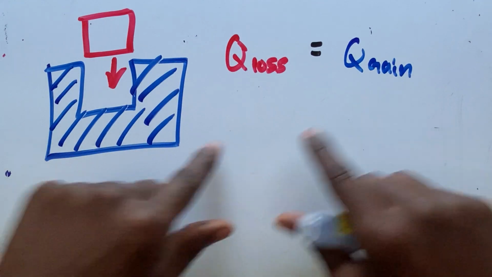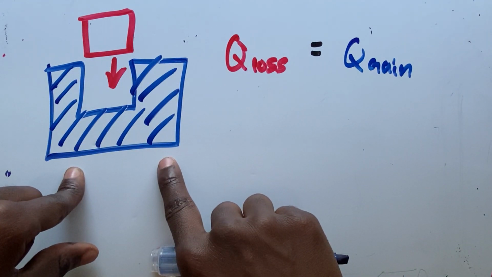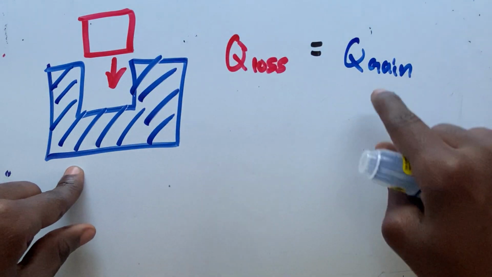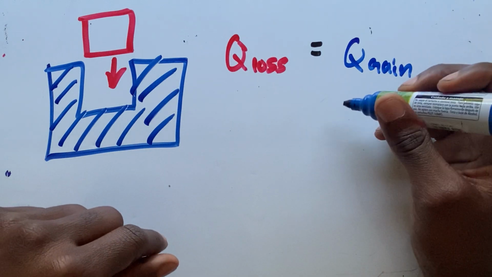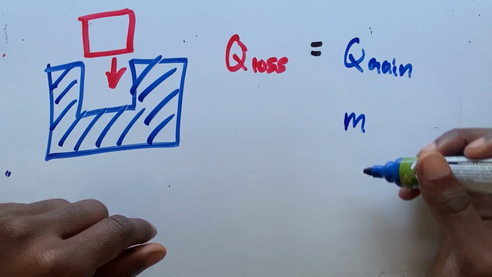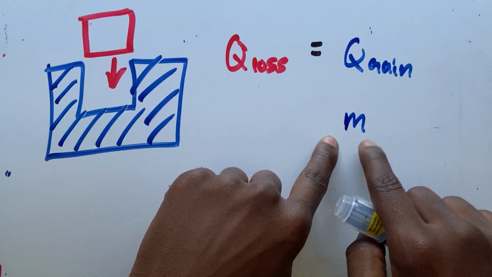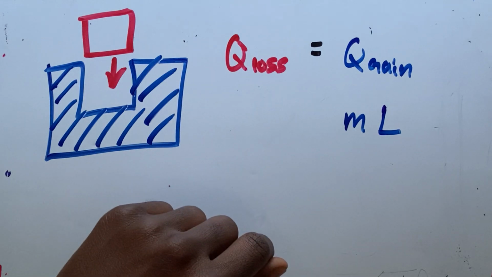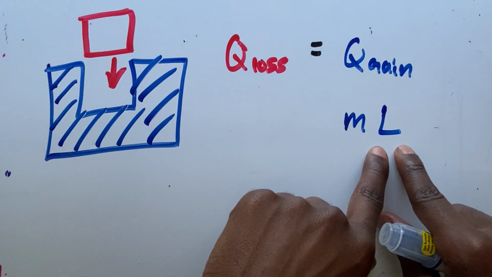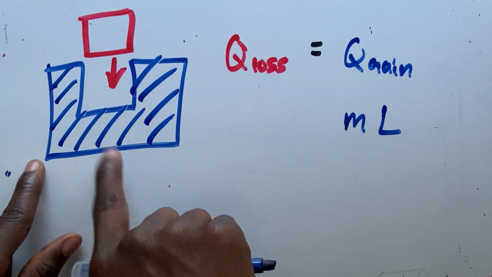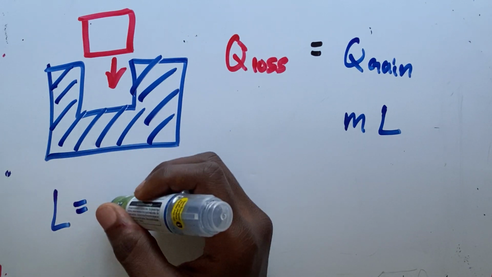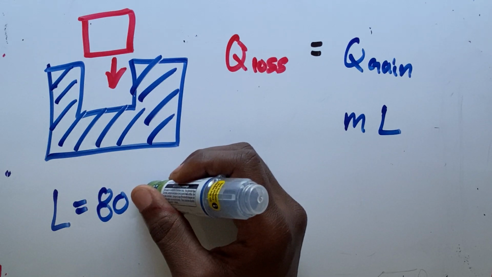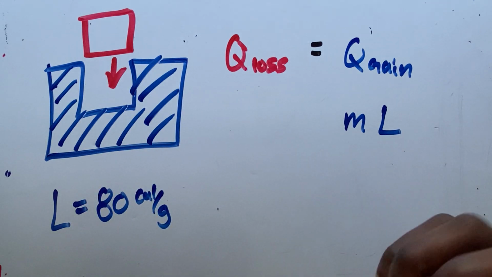Now, since this ice is melting, or basically it's changing phase because of this iron, for this ice, we're going to use the equation mL, where this is the mass of the ice that's going to be melted, times L, where this L is going to be the latent heat of fusion for the ice, which is given by 80 calories per gram.